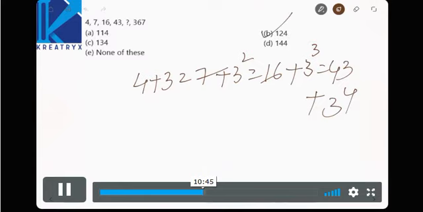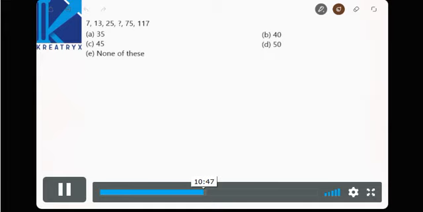The next one will also help you to know the answer. Check this. Next, 7, 13, 25, question mark here, 75, 17 it seems. So this is a typical series. Find this out. What is the difference between 7 and 13? Is it 6? Yes. So this is written like this. 7 plus 2 into 3 will lead you to 13.